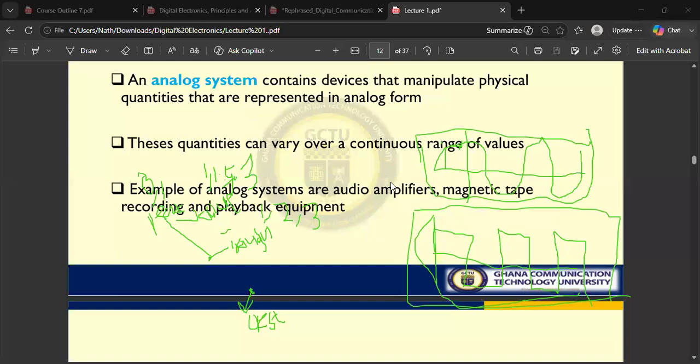Hello, someone here? Only one. Data storage and retrieval.